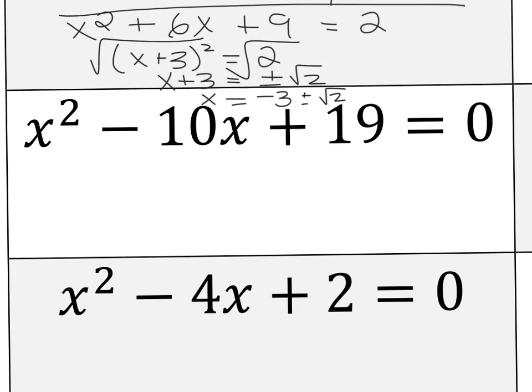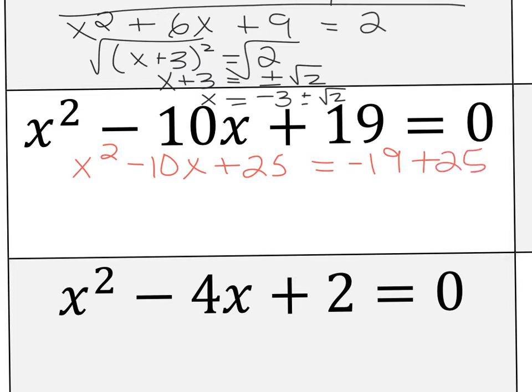19. So I'm going to move the 19. X squared minus 10x equals negative 19. So half of 10 is 5, and 5 squared is 25. Okay, now you're thinking about what multiplies to 25 that adds to negative 10, and that gives me negative 5, so minus 5 squared.